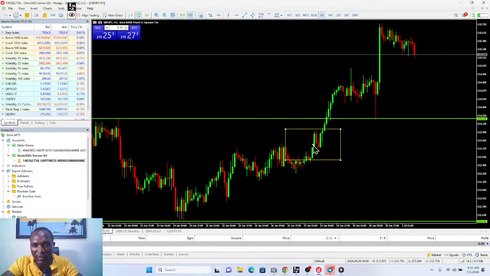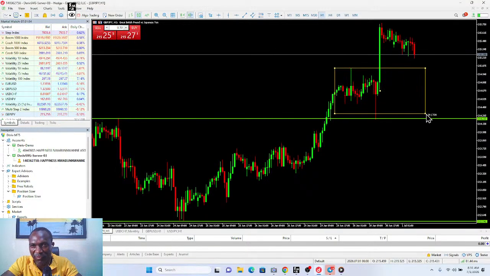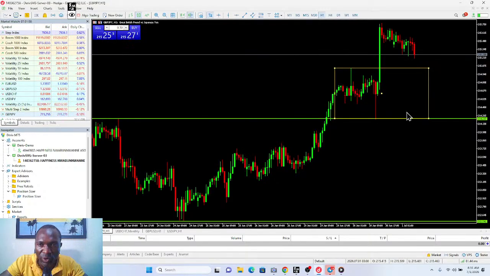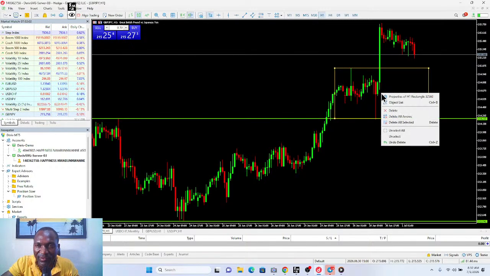Just picking from there. So I have this is the pattern. And I have another one here. Good. So we are still valid. So on this 1 hour time frame, it's still valid. What we're doing is still valid.